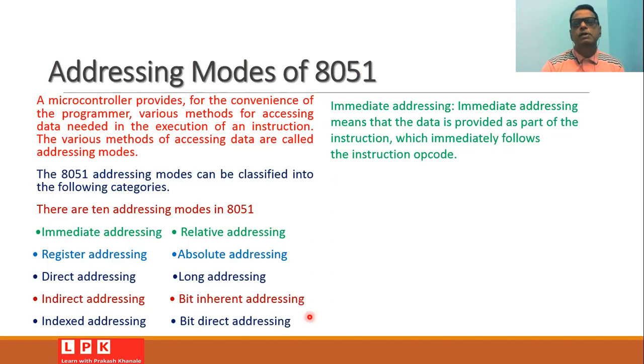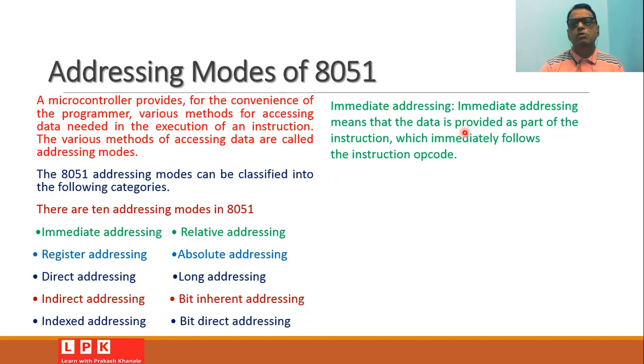The first one is called immediate addressing. In immediate addressing, the data is provided as part of the instruction itself, and therefore the data will be available immediately after the opcode of the instruction.